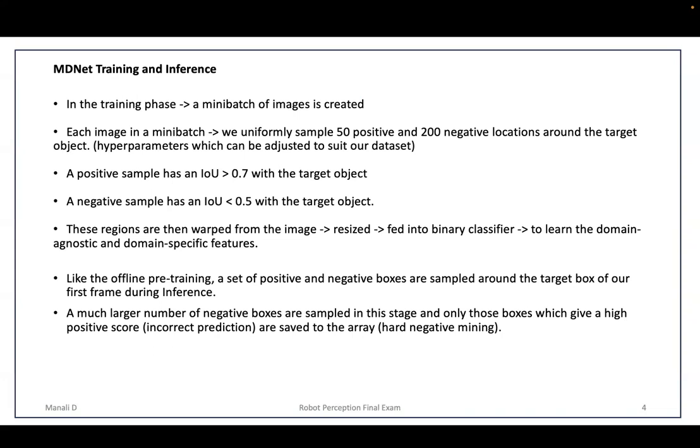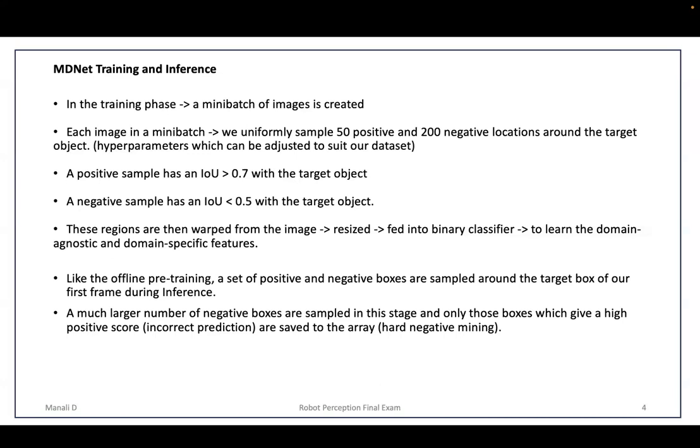A positive sample is a sample which has an IOU, intersection over union, of greater than 0.7 with the target object. Again, 0.7 is a threshold which is a hyperparameter and can be changed. A negative sample has an IOU of less than 0.5 with respect to the target object.